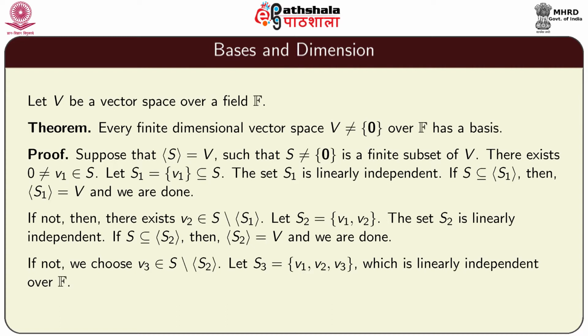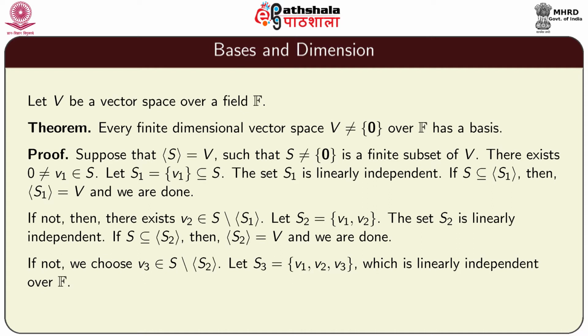So you can understand that because of finite dimensionality of the vector space V, we already have a finite spanning set. Let us call this set S. If it so happens that the set is linearly independent over the base field F, then of course we are done, because S itself is a basis then, being linearly independent and the spanning set for V.